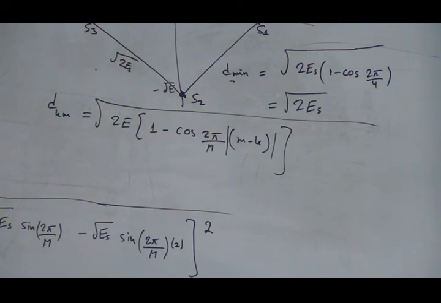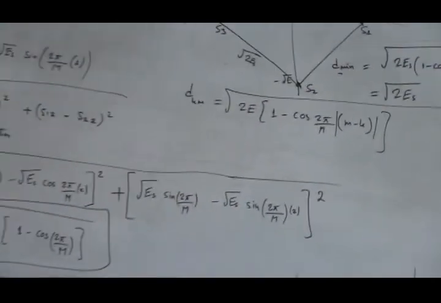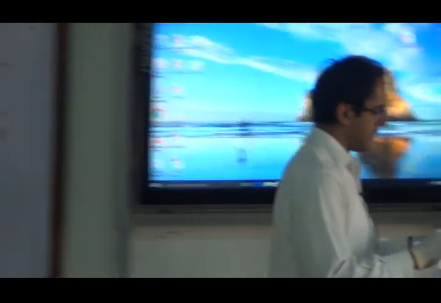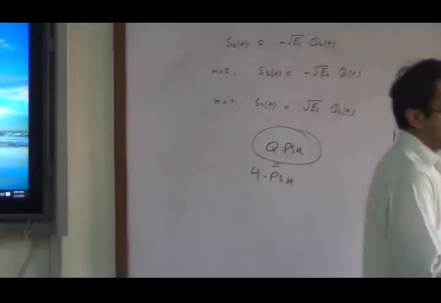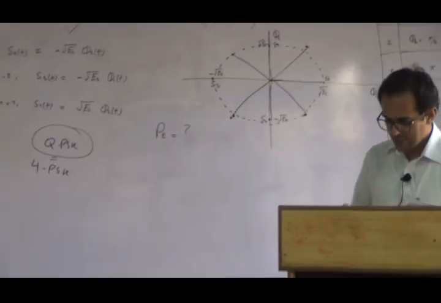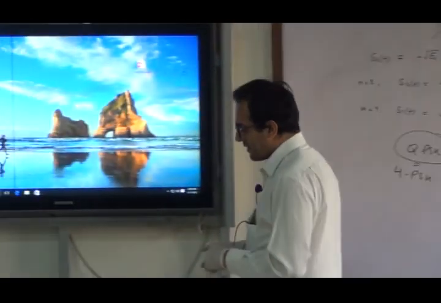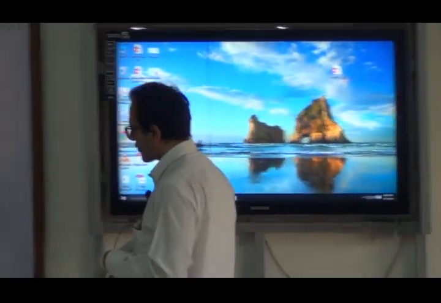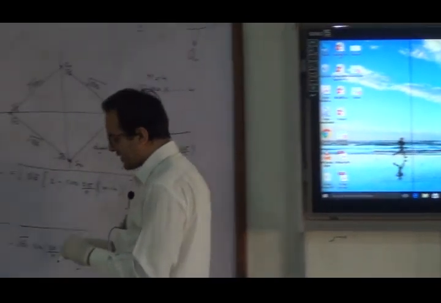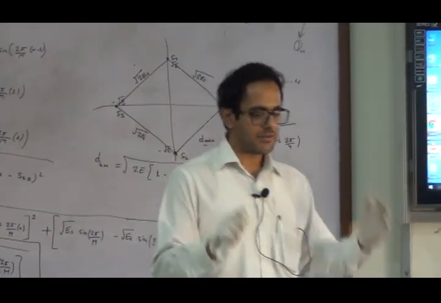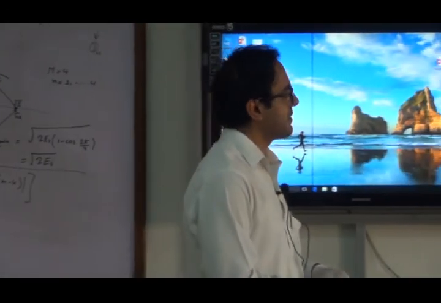All right, I'll stop here, and the next type of modulation is FSK, frequency shift keying, which we will talk about in the next lecture. We will see FSK, and we would also like to compute the probability of error calculations for those signal classes in which capital M is greater than 4.